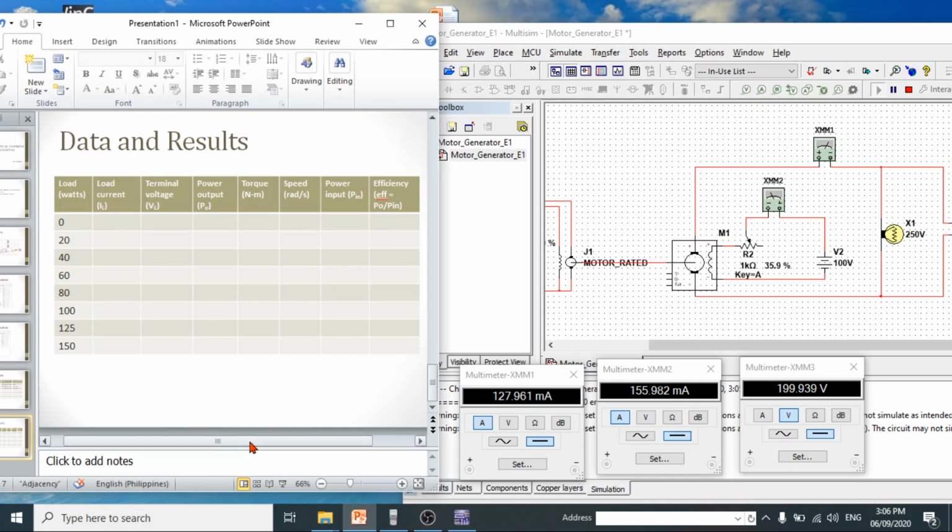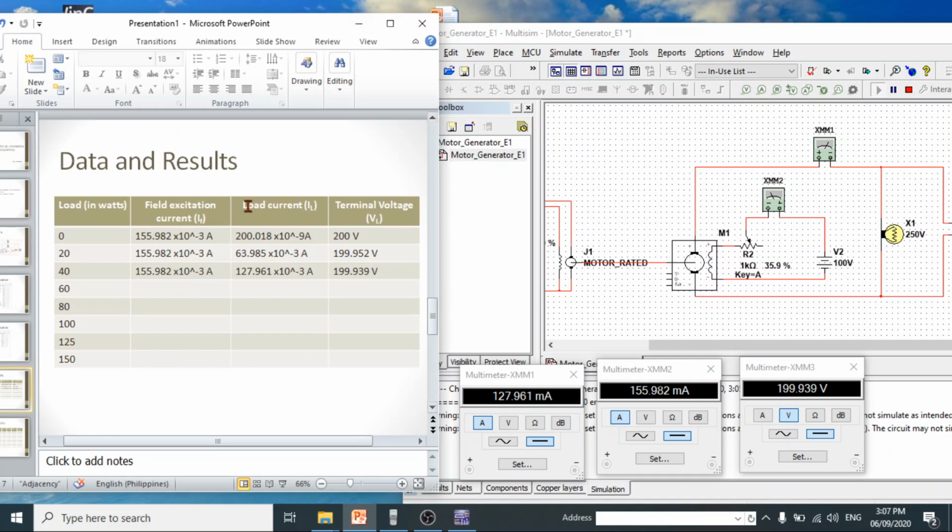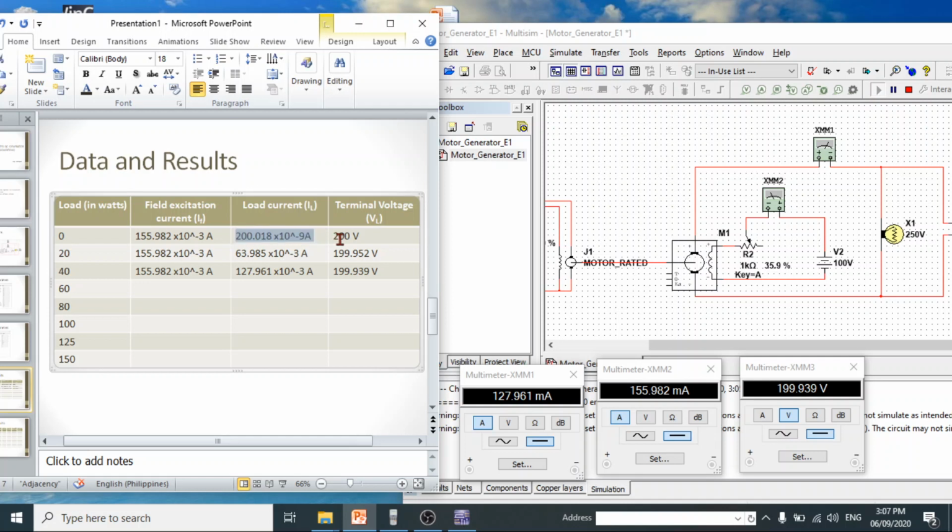You have there the load current, the terminal voltage, and then the output power, torque, speed, power input, and efficiency. So we copy the load current, and the terminal voltage, from the first table for the first three.